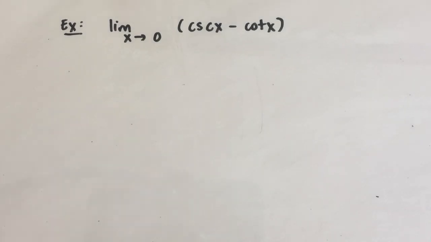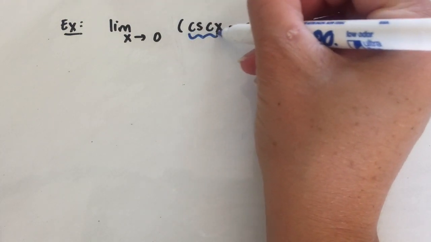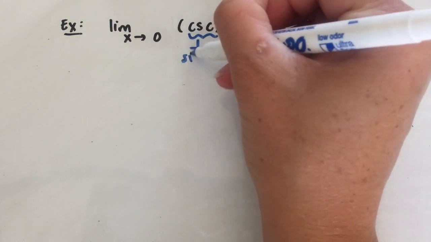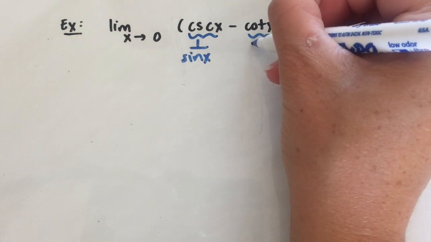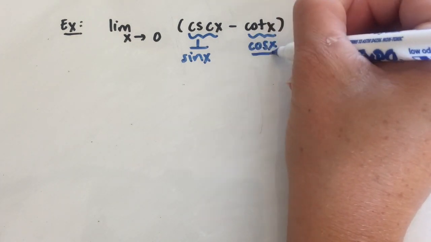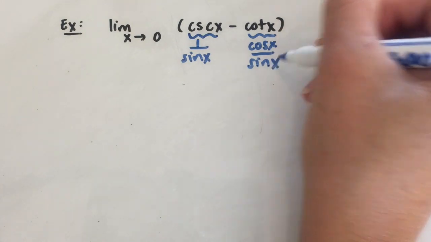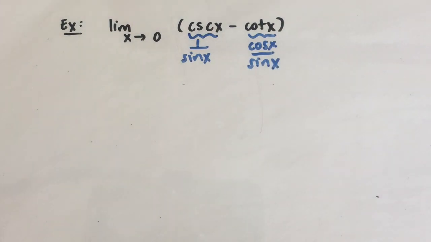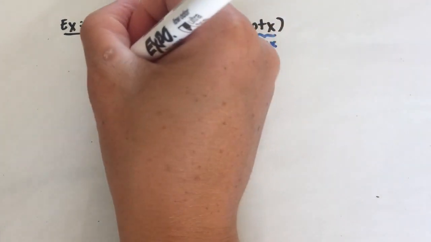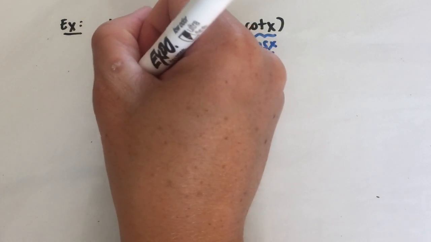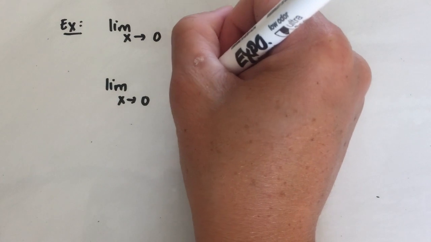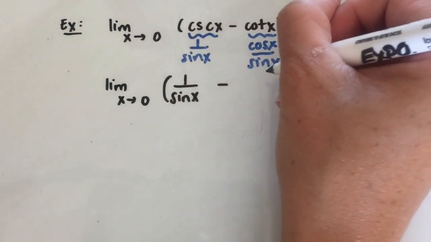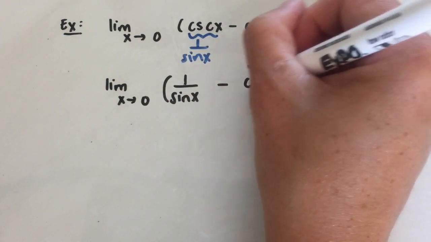For my next example, I have the limit as x goes to 0 of cosecant x minus cotangent x. And as we can see, cosecant x is 1 divided by sine x, and cotangent x is cosine x divided by sine x. Since they have the same denominator, we can subtract the numerators.